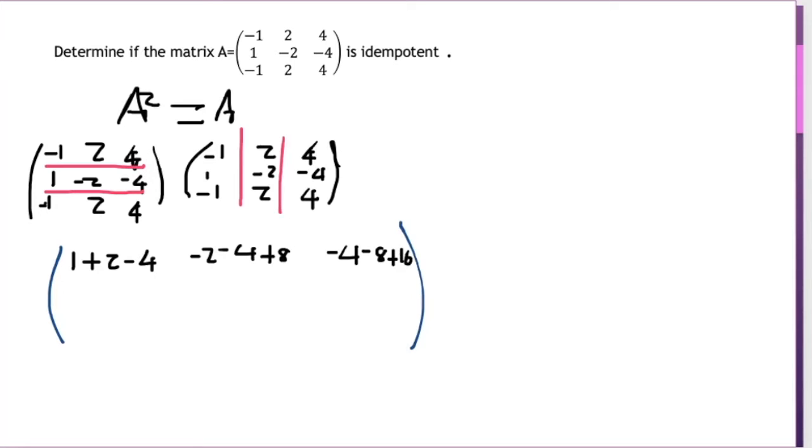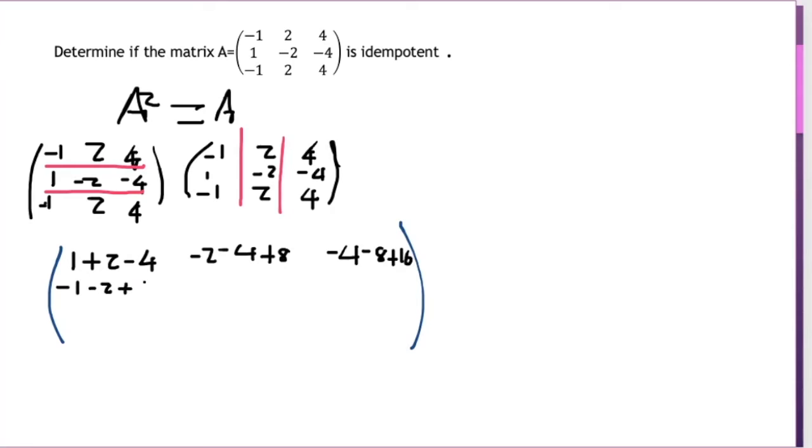Now I'll be moving to my second row. So second row times first column. So 1 times -1, that's -1. Next, I will say -2 times 1, that's -2. Finally, -4 times -1, that gives me +4.